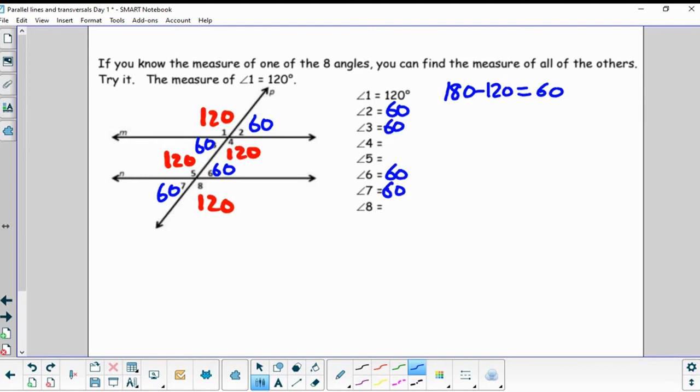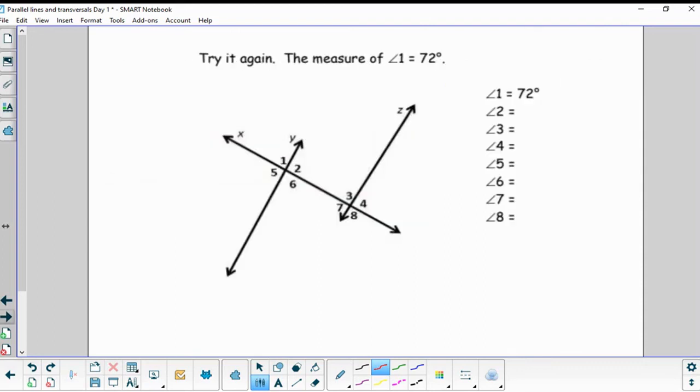So there are all of my 60 degree angles, and now the rest of the angles are going to be 120 degree angles. I was able to get that because they gave me what angle 1 was, and I used the idea of vertical and corresponding angles to find all the other angles that were the same.